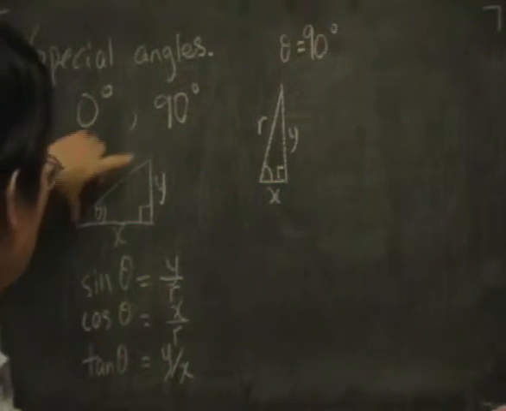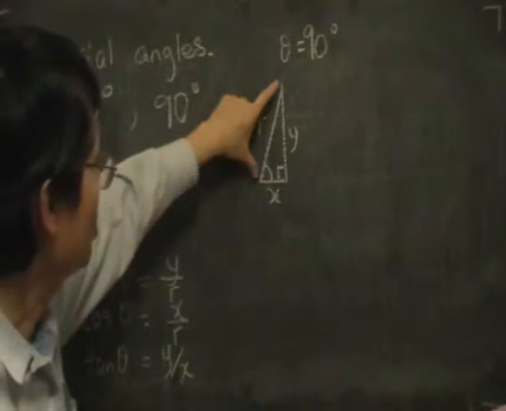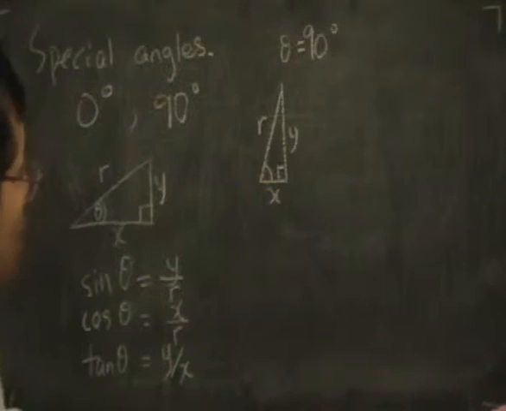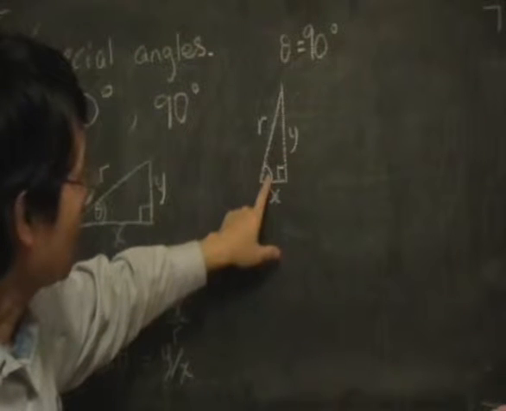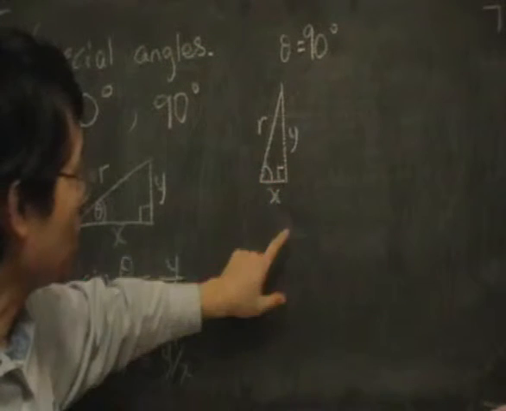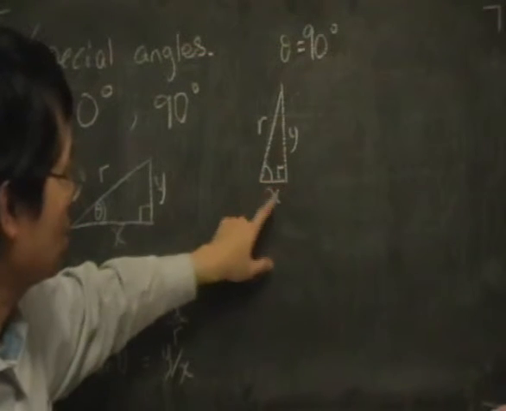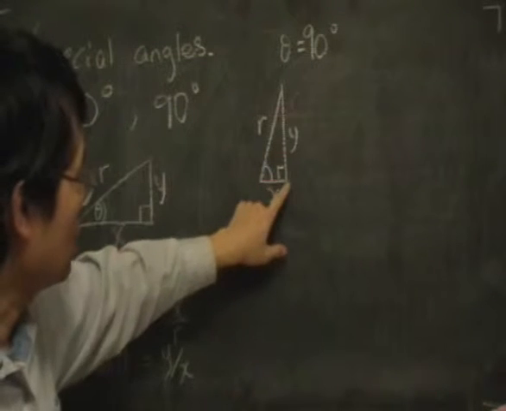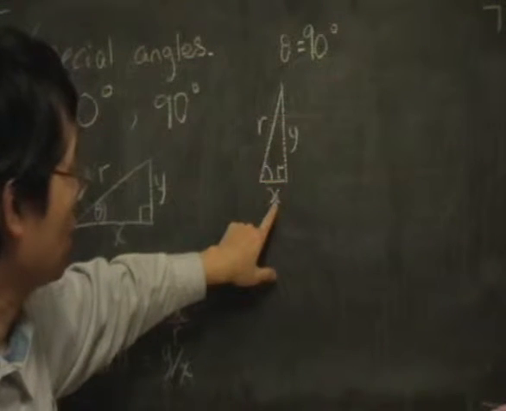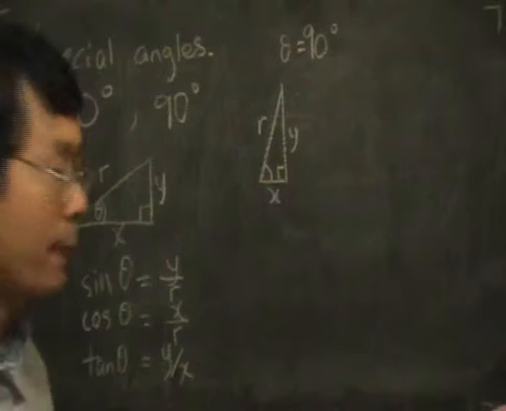Imagine that we keep roughly the same r. Now you can see quite clearly that as the angle gets larger, the base, the side adjacent to the angle, gets smaller.